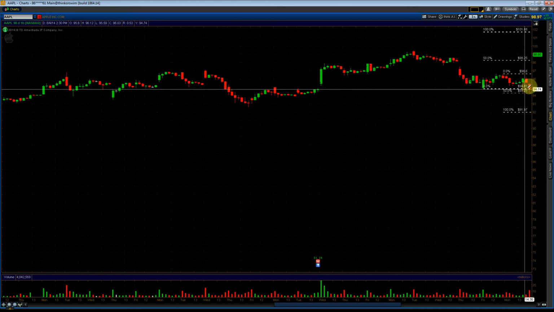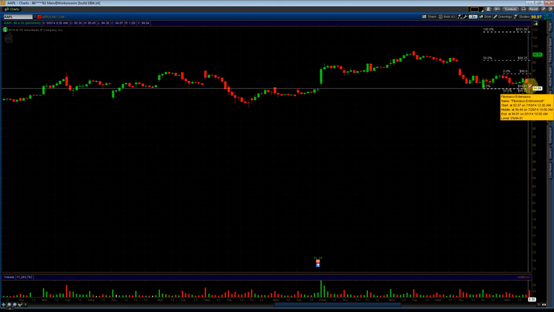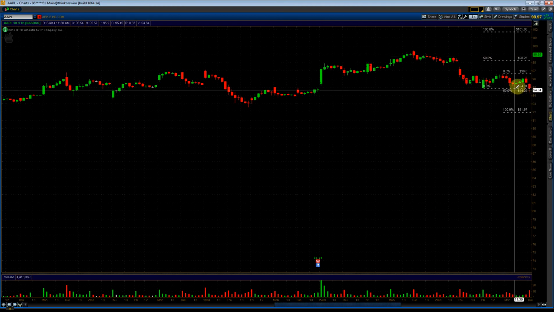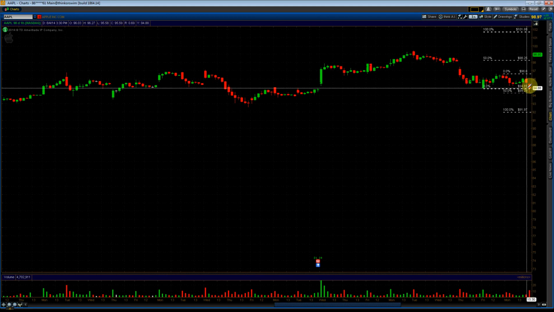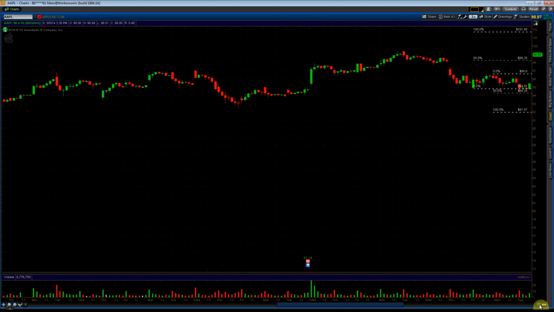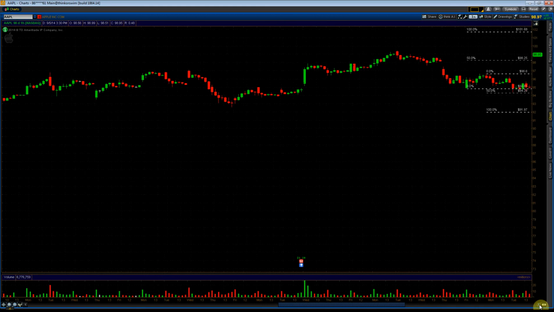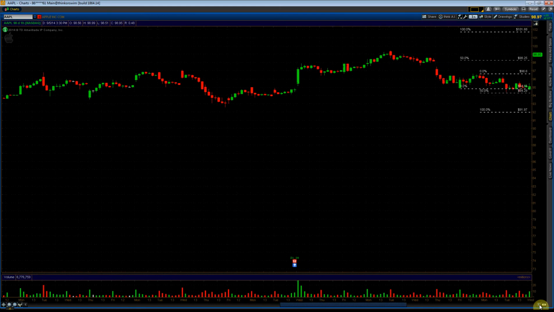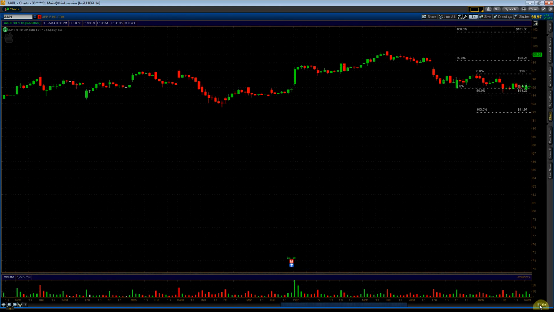And when you see yourself get this failure, I would leverage with the puts immediately. Leverage it with the puts so you don't have to worry about it. And then play the continuation of the next candle, which actually went up. So you'd have held both.